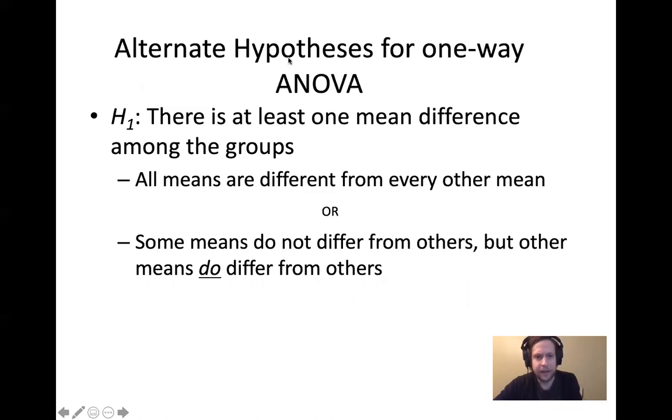Here's the alternate hypothesis, or the research hypothesis. This is when things get kind of complicated, and it becomes virtually impossible to write the research hypothesis for ANOVA in a basic mathematical equality form with equal signs.